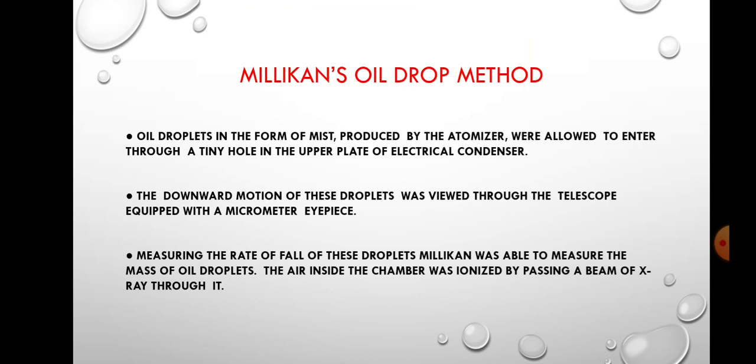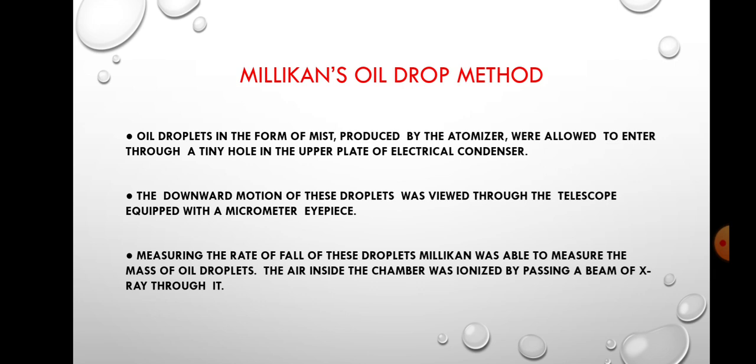Later I'll discuss some points. Oil droplets in the form of mist, which I already discussed are produced by the atomizer, were allowed to enter through a tiny hole in the upper plate of the electrical condenser.